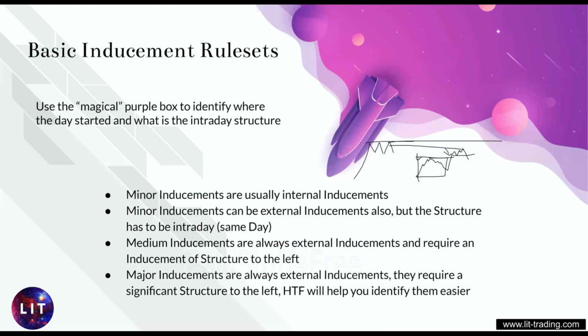Fakes some sort of smart money mitigations in here, but then fakes the directional shift, comes higher, builds up equal highs once again, induces, now becomes medium, and now obviously we can get interested in that. Okay, so medium always needs structure to the left outside of the day.